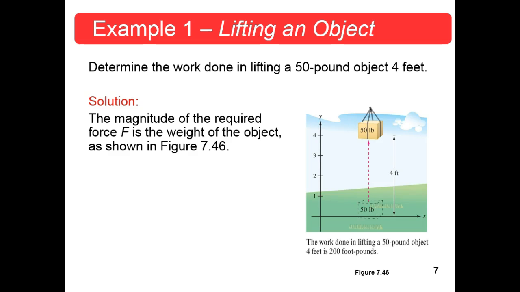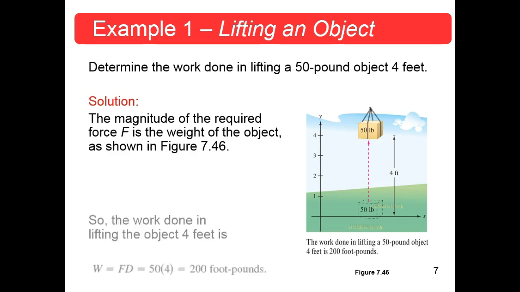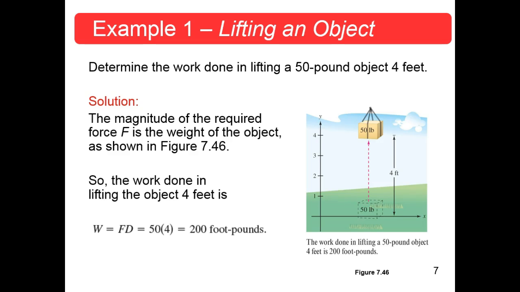Okay. Force is in the same direction as the displacement, so it's just simple multiplication because it's a constant force. Okay? So the work done lifting at 4 feet, 50 pounds times 4 feet, 200 foot-pounds.